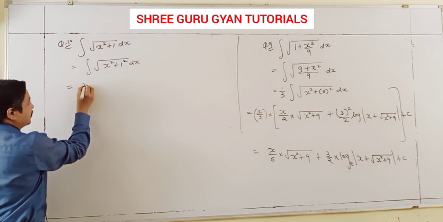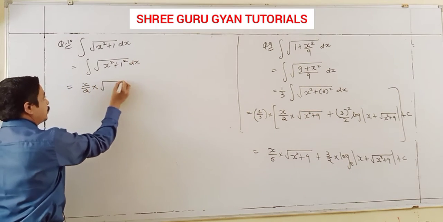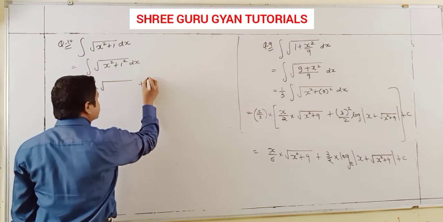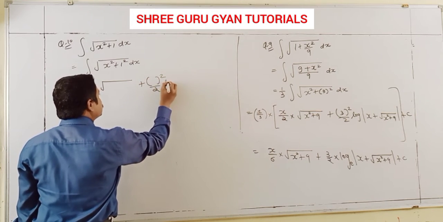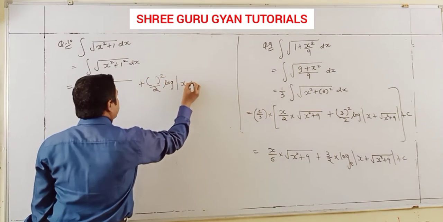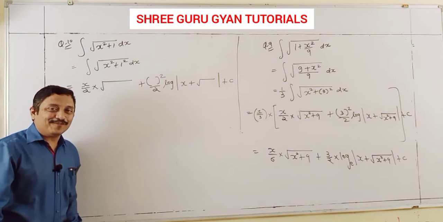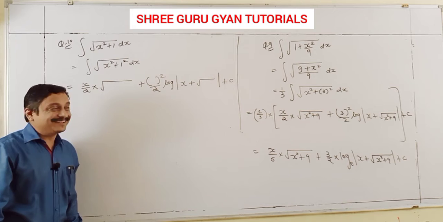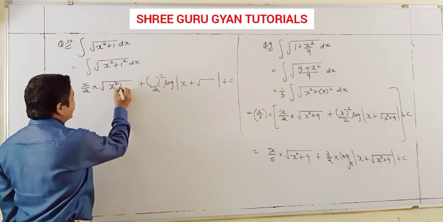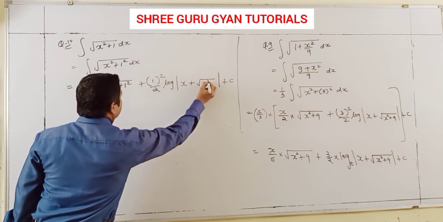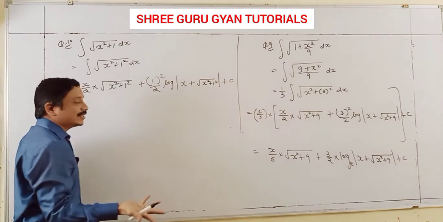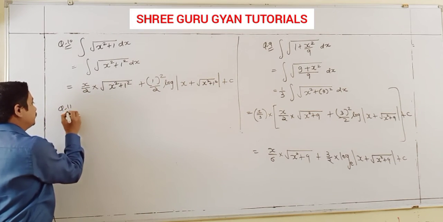It gives x by 2 under root plus a square by 2 log x plus under root. Only we operate the empty bracket formula, and here x square plus 1 square, and that's it.